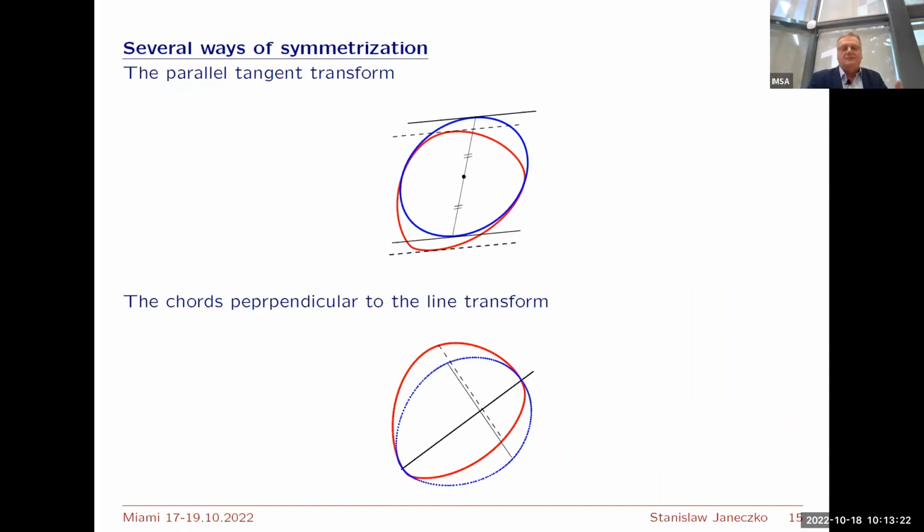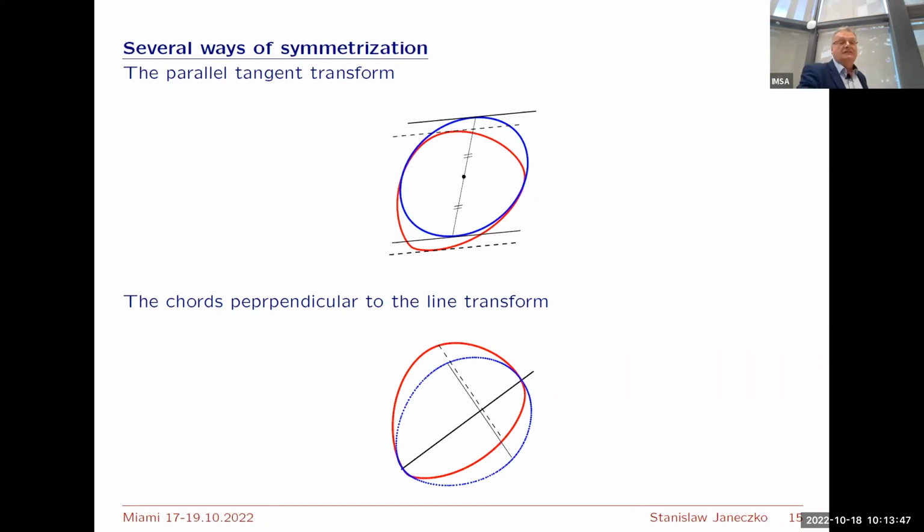This red oval is not symmetric. The parallel tangent transform: you take each pair of parallel lines and put the interval between them to some point in the center of that interval. Then you get this blue, which is already centrally symmetric.